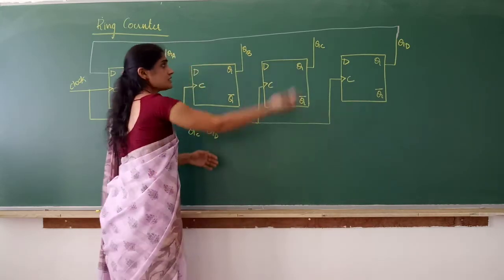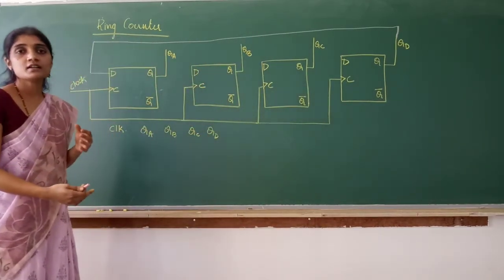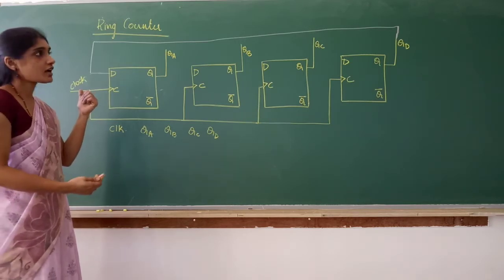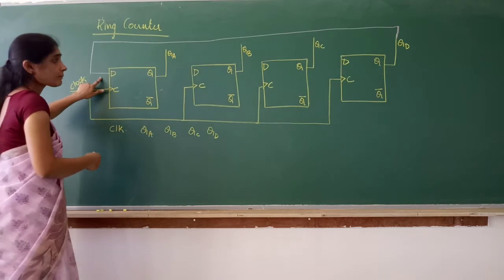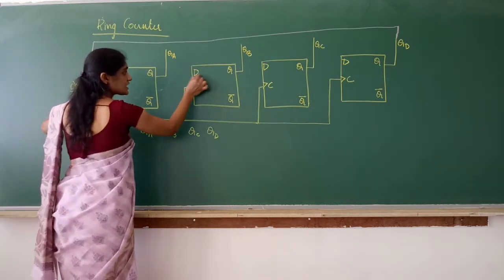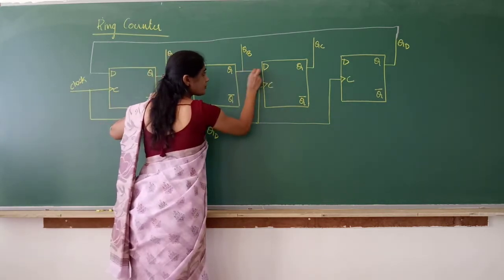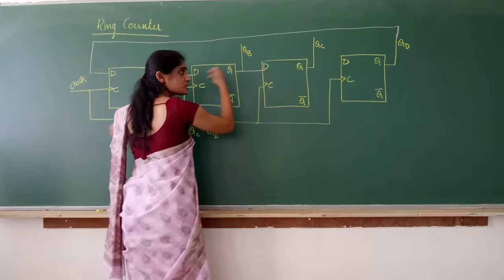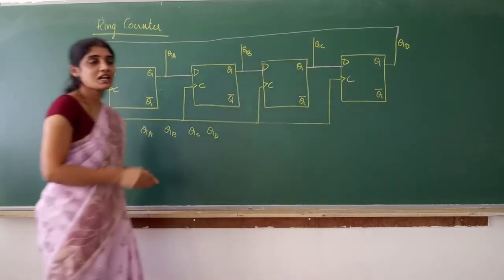Okay, circulate. So when I explained the shift register, I also had written a circuit of circular shift register. I have told output of last flip-flop will be given as input here. And what is the input for the second flip-flop? This is the input. What is the input for the third flip-flop? This is the input, the output of previous flip-flop. And QC is the input for the D flip-flop, the last flip-flop.